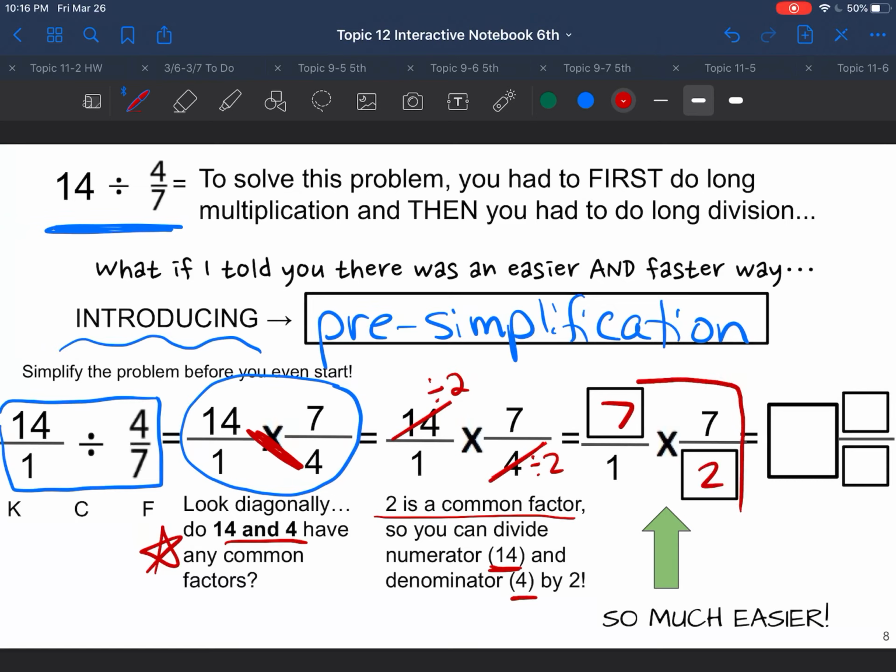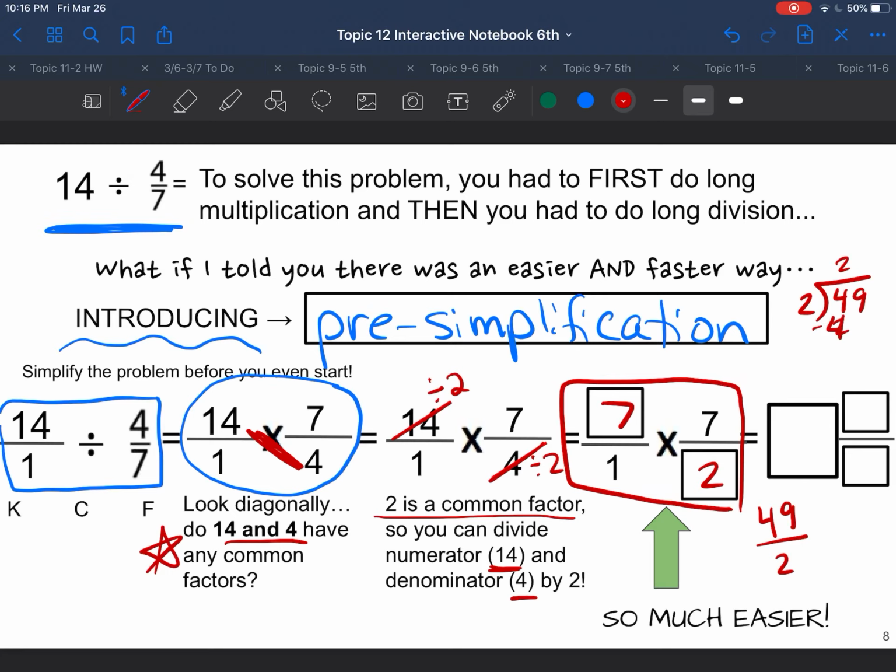So our new pre-simplified multiplication problem is way easier to do in our head. It's 7 times 7, which is 49. 1 times 2, which is 2. And we can solve this way easier, okay? And we get, if we do this, 2 goes into 4 twice.